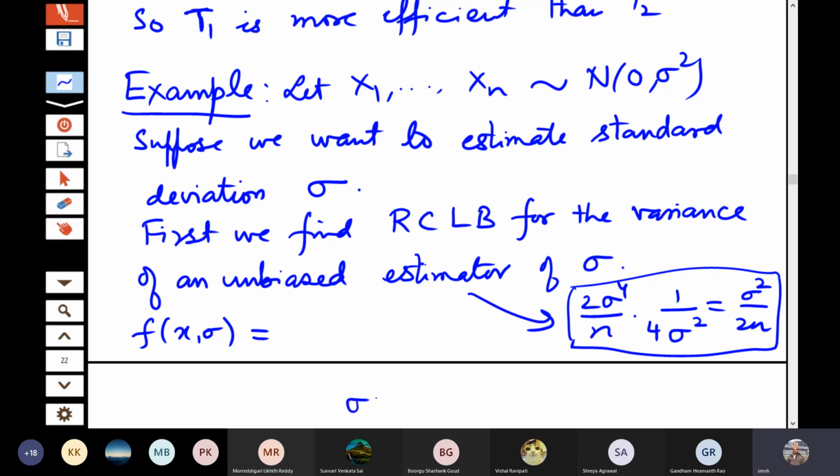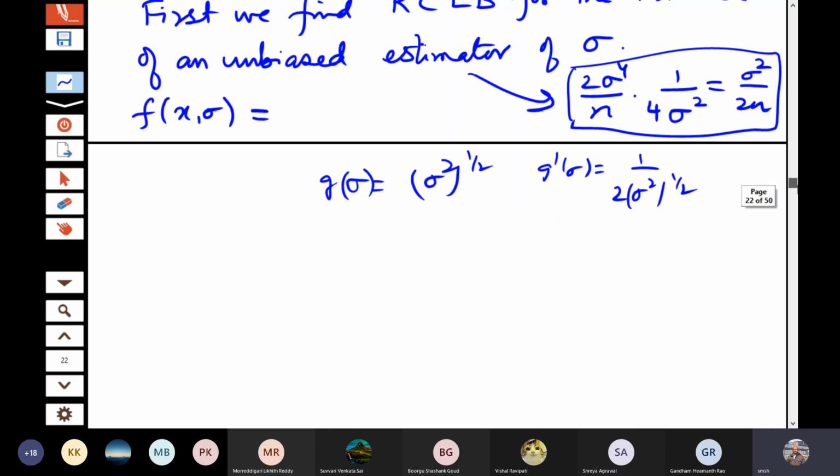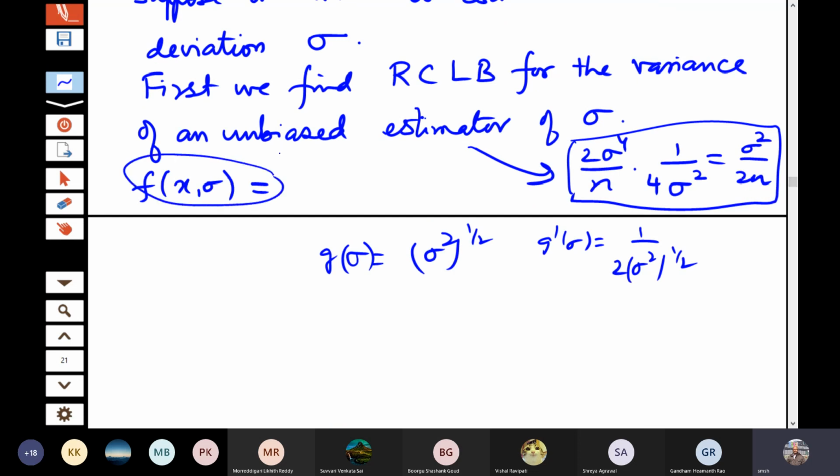And if I am considering sigma as sigma square to the power half, so this is your g of sigma square. So g prime of sigma square will become 1 by 2 sigma square to the power half. So g prime squared will give me 1 by 4 sigma square. So that straight away gives me the RCLB here. So I don't need to do a fresh calculation here. Let me leave that part.